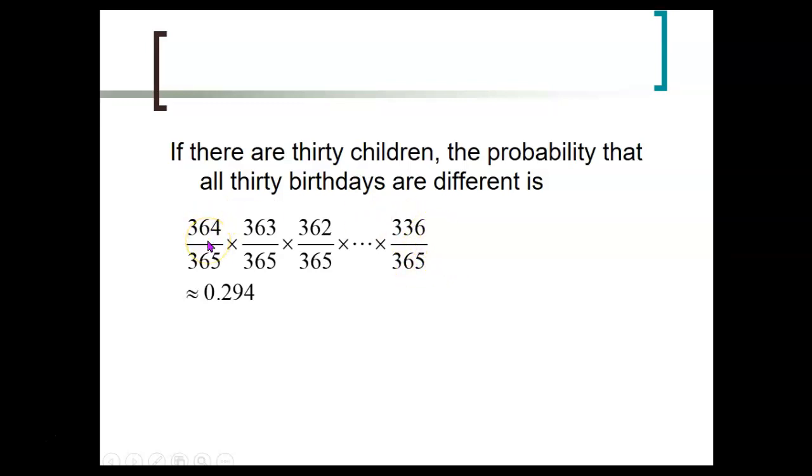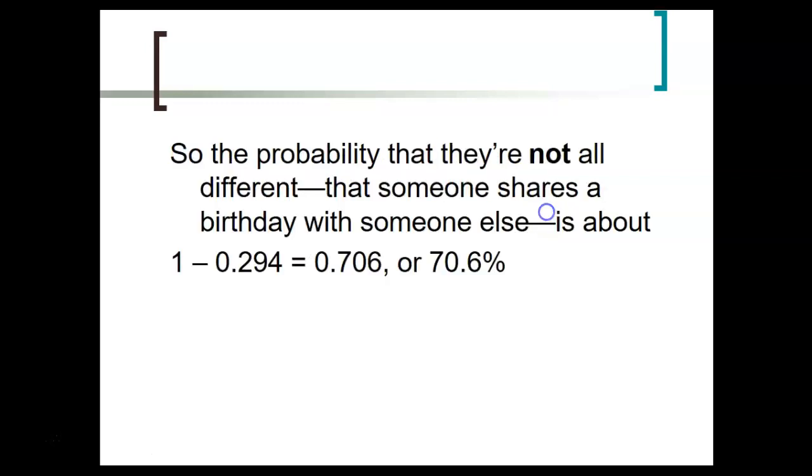And then if you actually do the calculations, multiply that all out, it comes out to about 0.294. So remember, that's the probability that all 30 birthdays are different. There's a 29.4% chance that everybody in the class has a different birthday from everybody else.